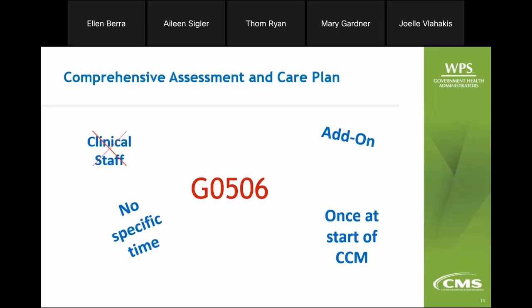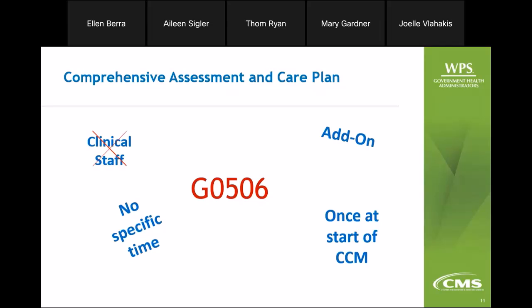This particular service, the Comprehensive Assessment and Care Plan, under G0506, is an add-on to that initiating visit. And what this is, the practitioner is performing a comprehensive assessment and is doing the care planning for that patient during that encounter, as opposed to doing that at a later time.